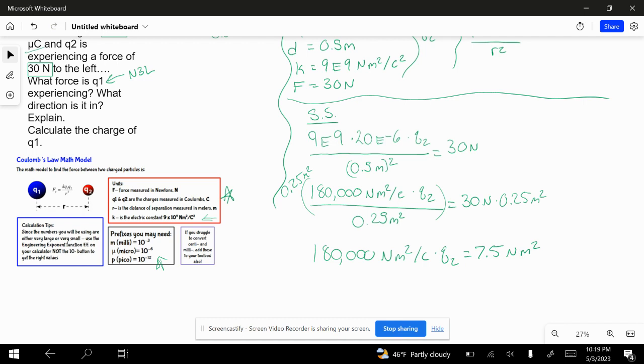I'm liking where this is going because I can see that we have newton meters squared here on the right side of our equation and newton meters squared here on the left side of our equation. So that's good. I'm liking that.